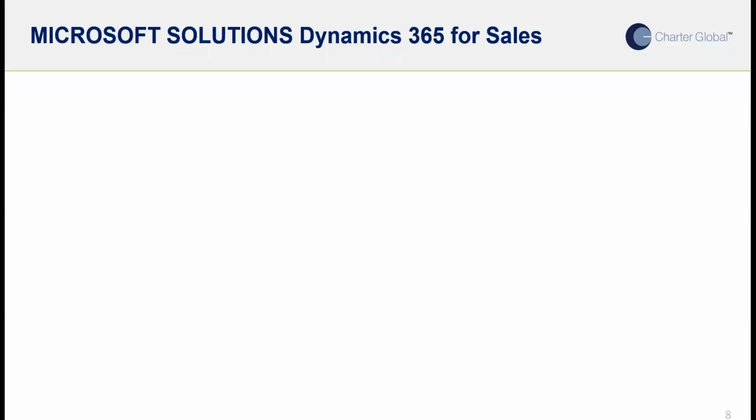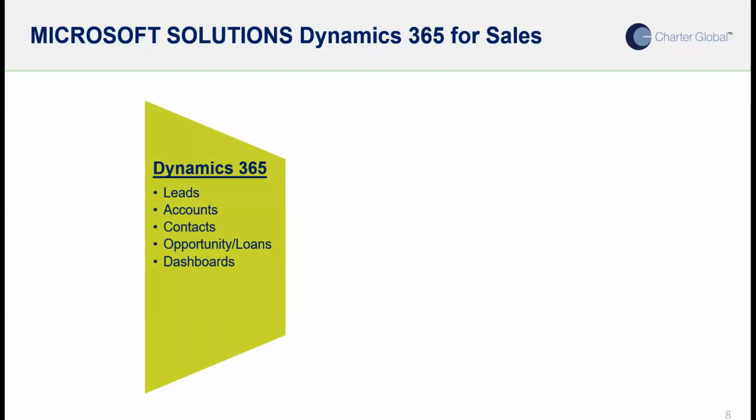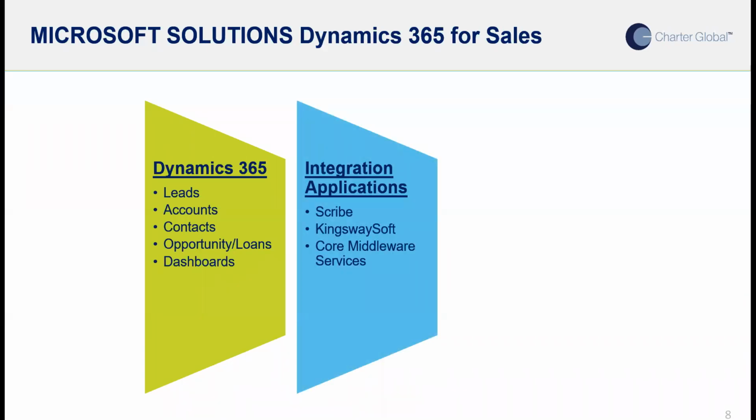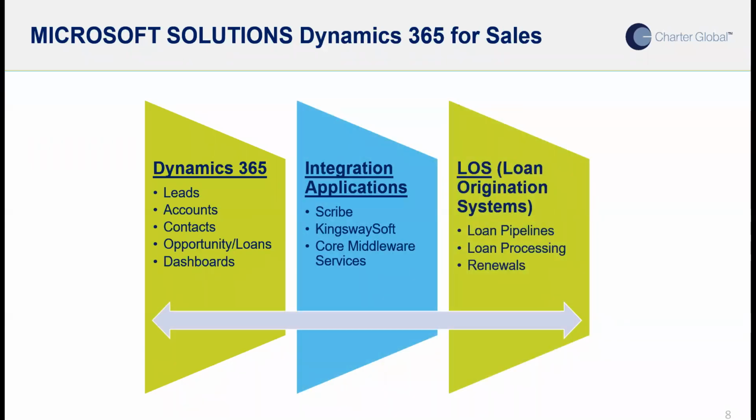Before we deep dive into the application slide, let's look at the flow of Dynamics 365 with LOS. Dynamics 365 consists of major components like leads, accounts, opportunities, which can be loans, and dashboards.